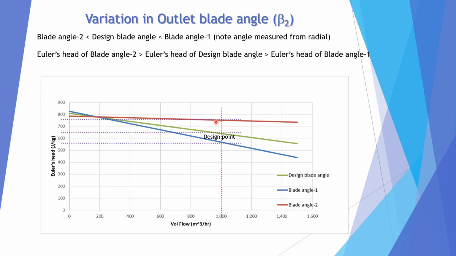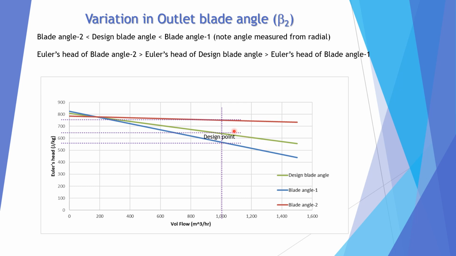You can see here the red line. This is the blade angle which is larger than the design point angle, and it will produce lesser Euler head, which is shown here.